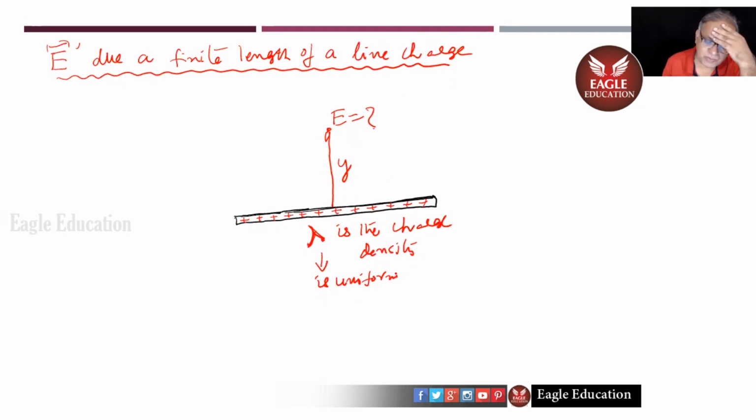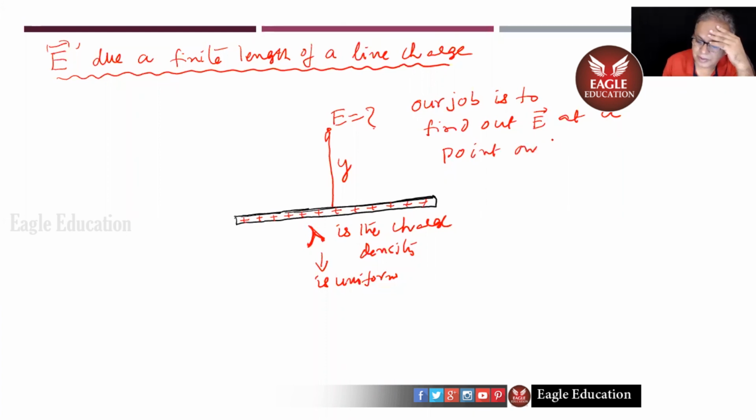So our job is to find out E at a point on the perpendicular bisector, in terms of lambda and y.